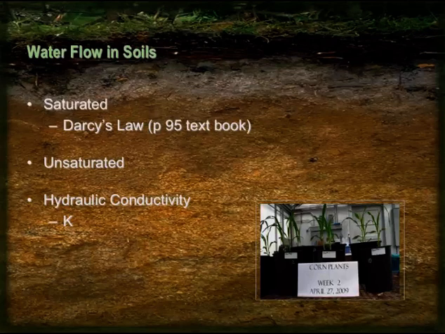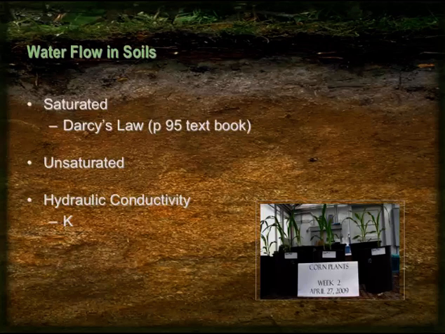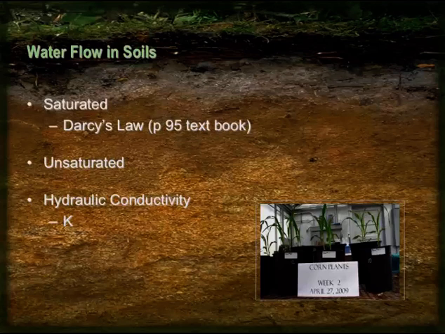Now let's talk a little bit about water flow in soil. There are 3 different types of flow that we talk about. The first type is saturated flow, and we're not going to go into too much detail here, but this is basically in a saturated soil situation. How does the water flow? And think about this. In agriculture, how often are our soils saturated?